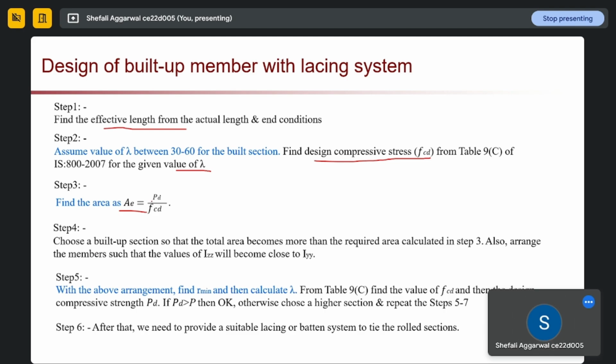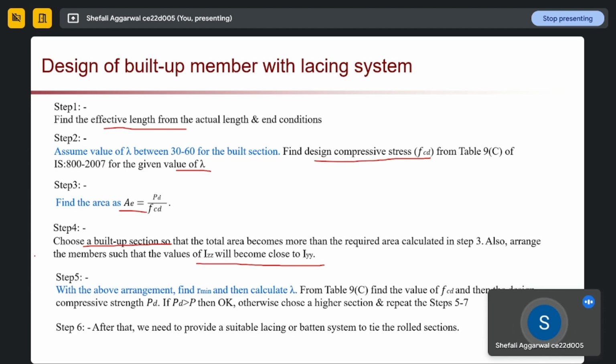Next, based on our area, we will choose our built-up section, which type of built-up section we want. We will arrange our members in such a way that Izz will become closer to Iyy. So moment of inertia in Z direction should be almost equal to the moment of inertia in Y direction.